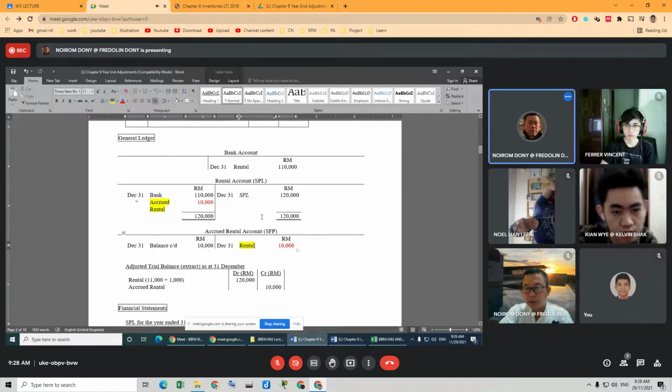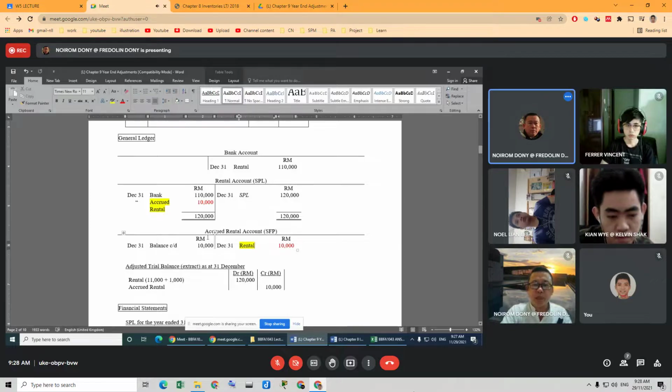It must be in the same row. Then put 120,000, the highest of both sides, isn't it? Then in order to make credit 120,000, you put 120,000 here, and for the particular you write down SPL. What does it mean? Meaning we close off this account and post it to SPL.